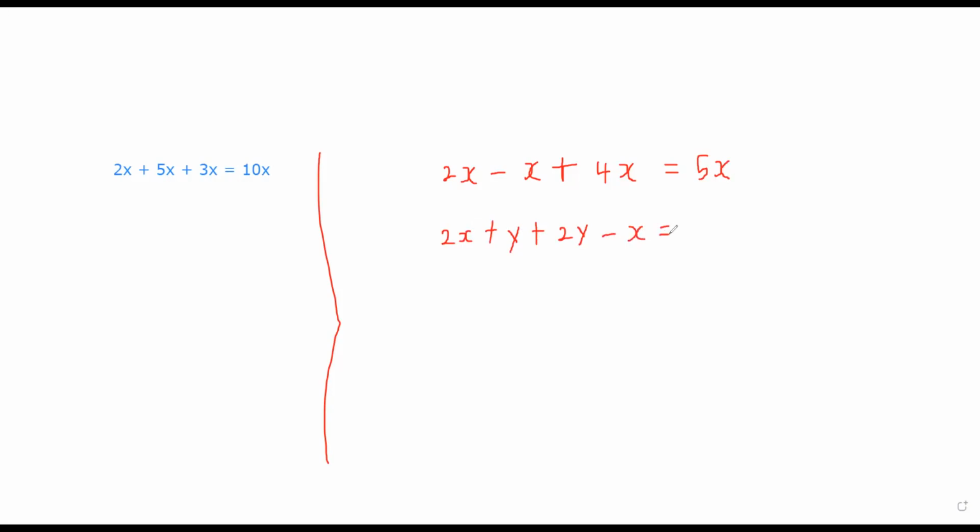Think about it and let me know what's your answer and your approach. How would you approach this? Let me know what you guys answer. Right, so we're doing 2x plus y plus 2y minus x.